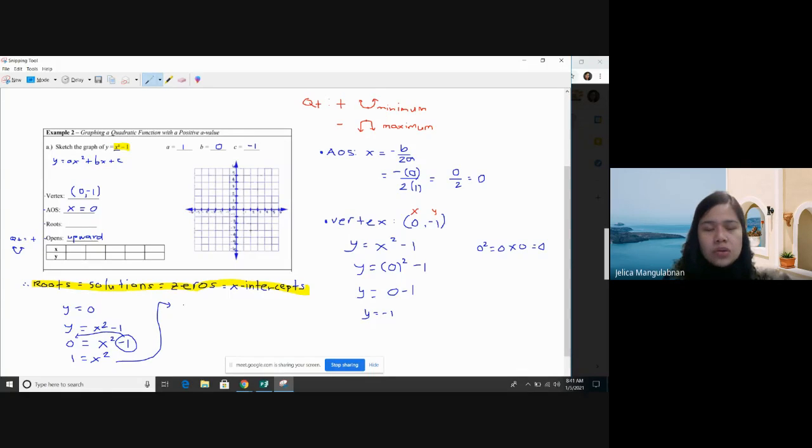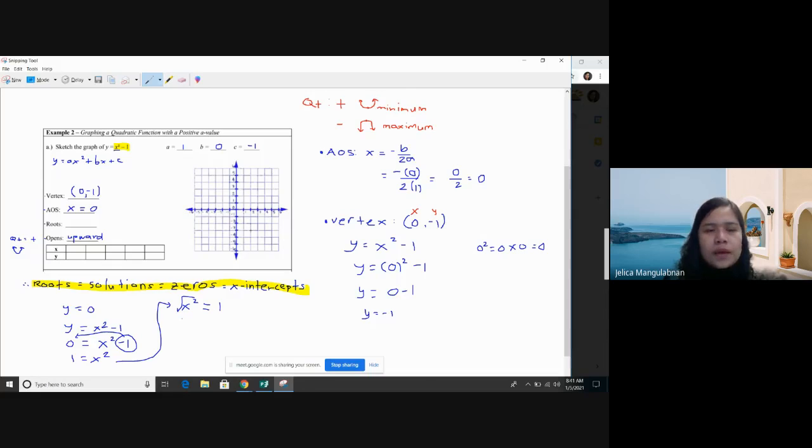Now we can also rewrite the equation as x squared equals 1. I just want to write the variables on the left side. To eliminate the exponent in here, we will square root both sides. Oh, no. I will just erase this one. It's not 0, it is 1. Let me correct this one.